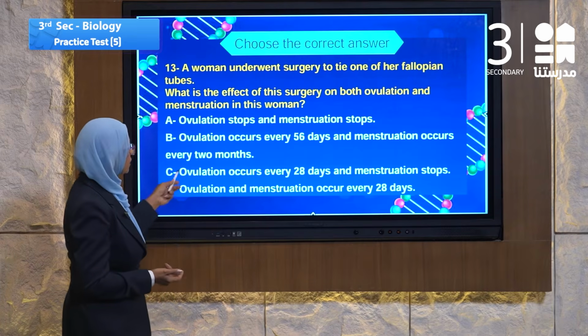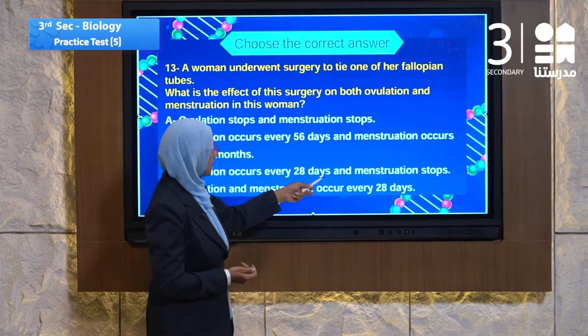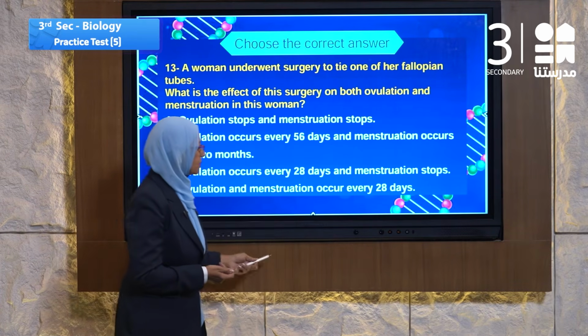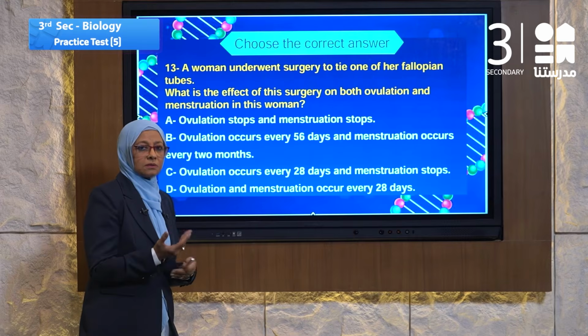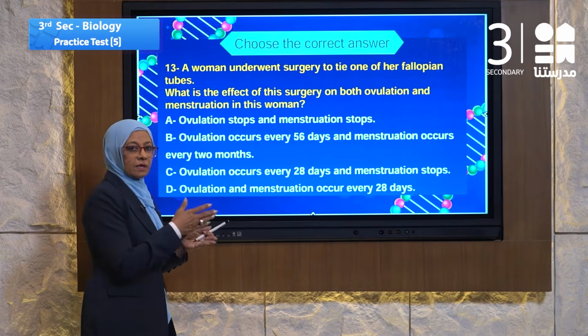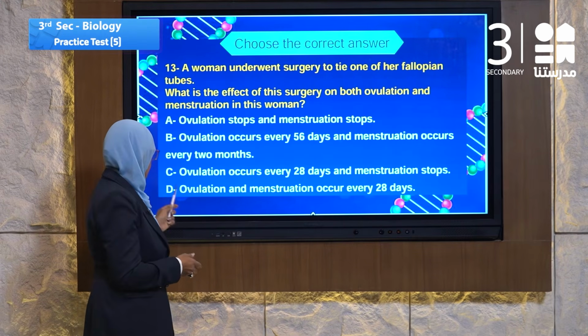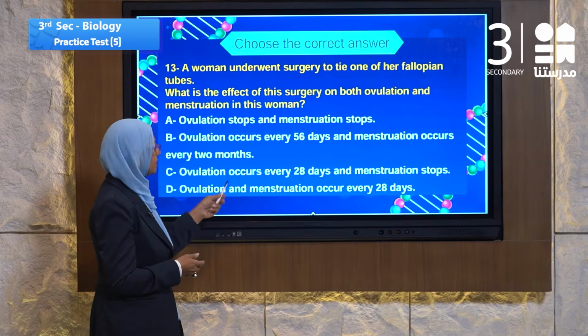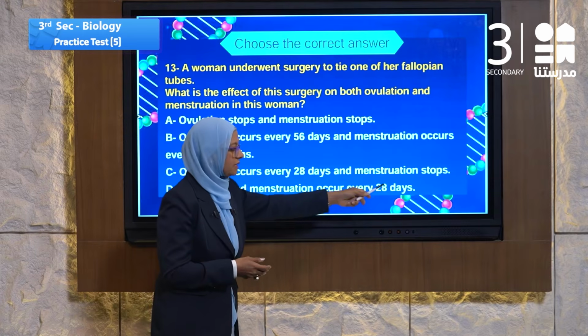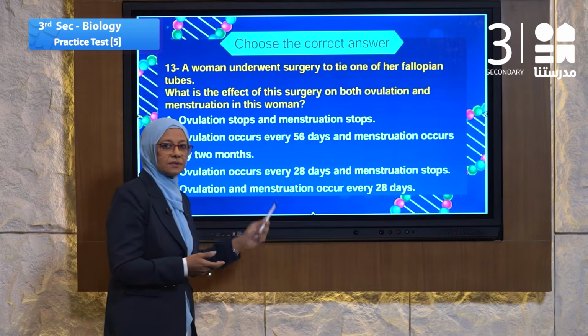C, ovulation occurs every 28 days and the menstruation stops. No, menstruation will be done because the hormones are found. D, the ovulation and the menstruation occur every 28 days. Yes, that's the answer.